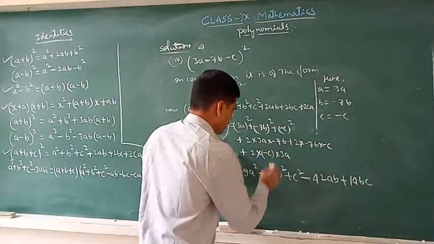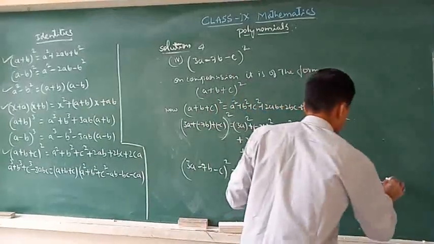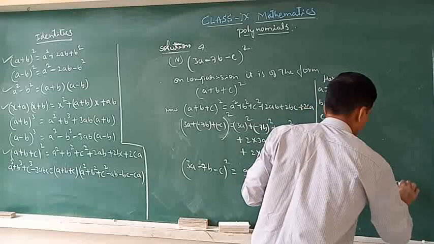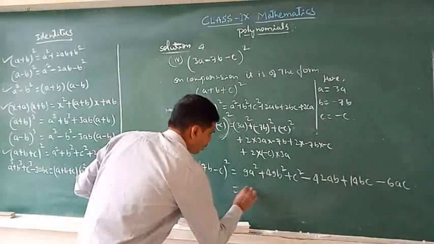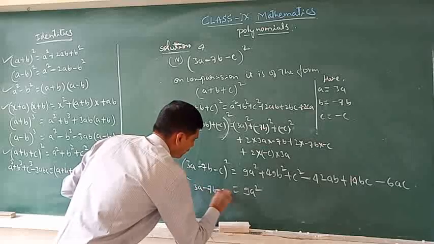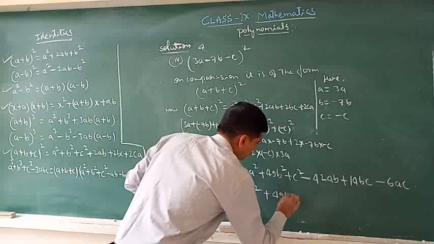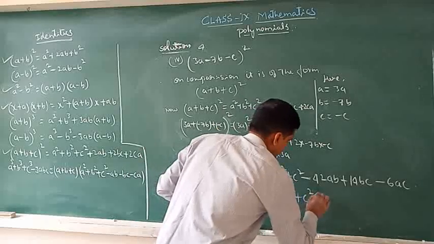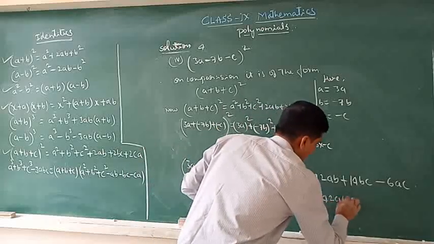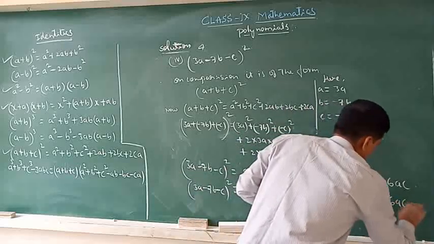And here plus into minus, 2 3s are 6, minus 6AC or 6CA, the same. So (3A - 7B - C) whole square equals 9A square + 49B square + C square - 42AB + 14BC - 6AC.